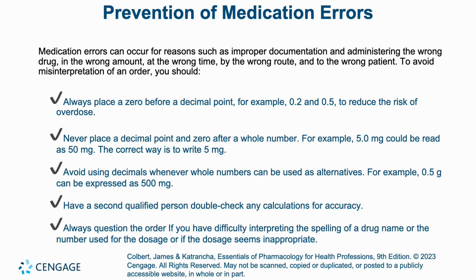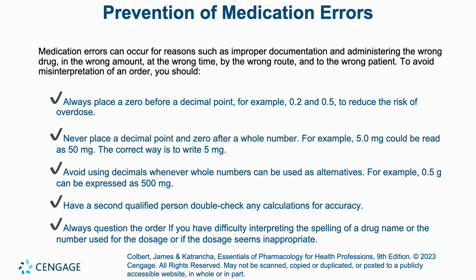Avoid using decimals whenever whole numbers can be used as alternatives. A great example of that, using your units of measurement, is if you needed to give 0.5 grams, go ahead and use milligrams instead, because you can use a whole number, which would be 500 milligrams. Have a second qualified person double check any calculations for accuracy. Again, someone who's qualified needs to have this skill in their scope of practice.